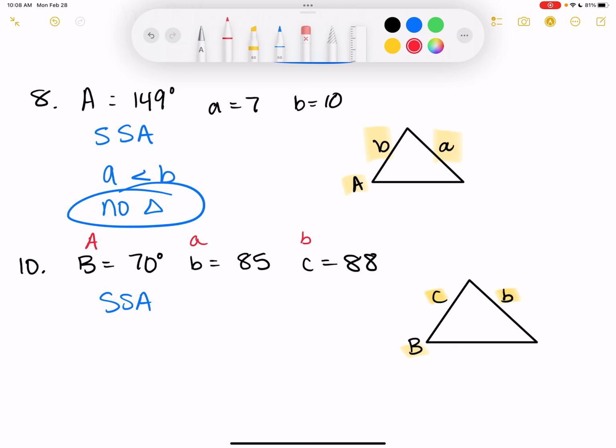So in this case, Number 8, it would be C sine B, because A was less than B. But this is obtuse. So it would be C sine B.